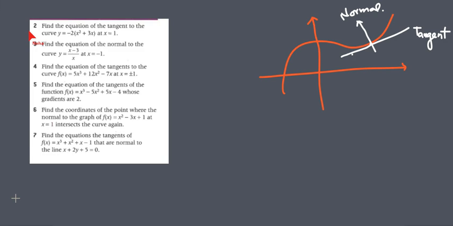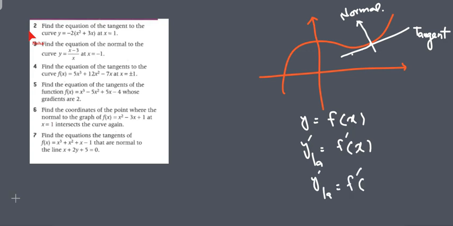Okay, so for example, if we are given a function, let's say y equals f of x, and if I take its derivative y prime, which is f prime of x, this gives me a function, basically the tangent function. If I calculate it at some particular point a, then y prime at a is f prime of a, and that will give me the slope of the tangent at that point.